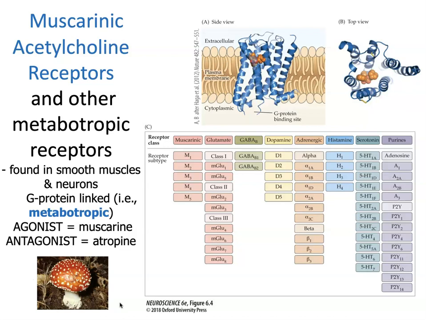Atropine, as we talk about here, is an antagonist of the acetylcholine in this case, and so it will block the muscarinic acetylcholine receptor. This is utilized during pupil dilation, so when you've gone to the eye doctor, you get a little bit of atropine to dilate those pupils.